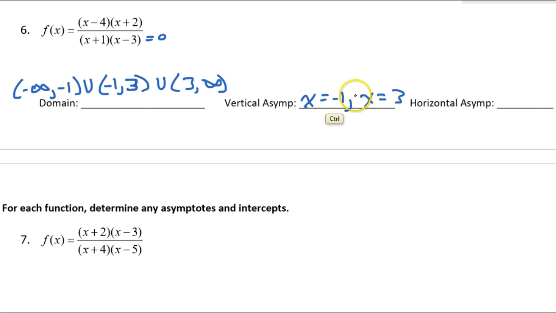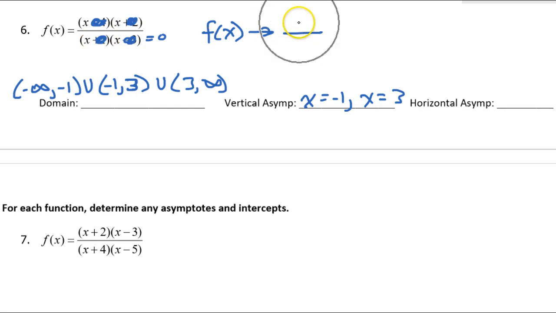I checked real quick to make sure that these were in order from left to right. Now, the horizontal asymptotes come from the end behavior. So as x gets bigger and bigger, the -4 and the 2 and the 1 and the -3 will become insignificant. So this is going to approach x squared over x squared, which equals 1. So that means that the horizontal asymptote is y equals 1.